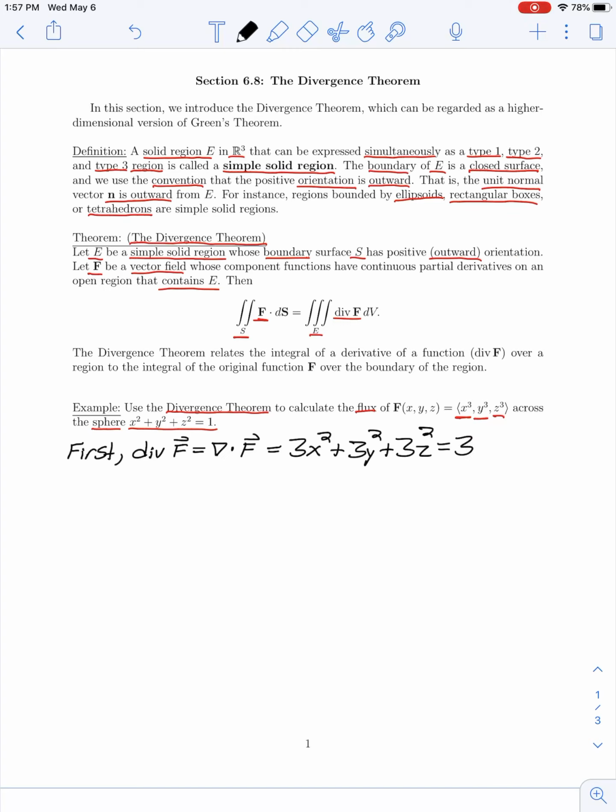If I factor out a 3, I'm left with 3 times the sum of x squared, y squared, and z squared.